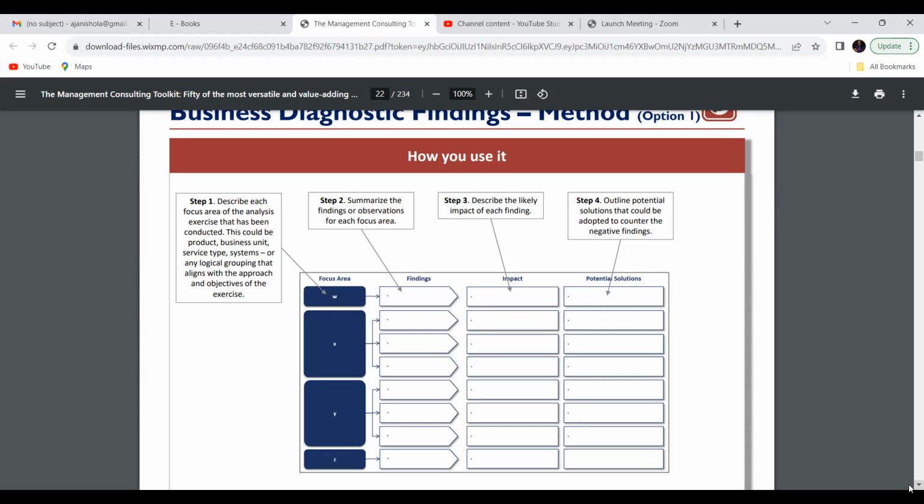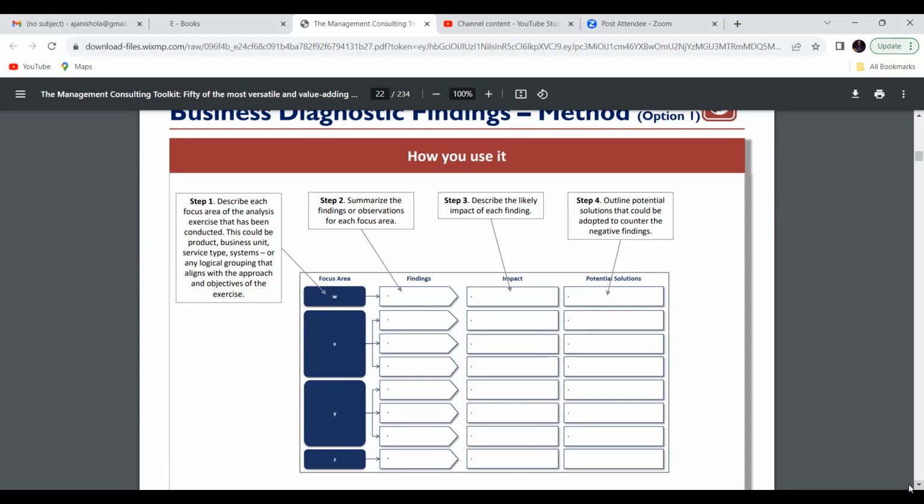The key thing is, after carrying out your business diagnosis, and remember, for the diagnosis itself you need certain tools. There are several root cause analysis tools, like the 5 whys, the fishbone diagram, cause and effect. There are just so many tools that you can deploy in carrying out your findings.